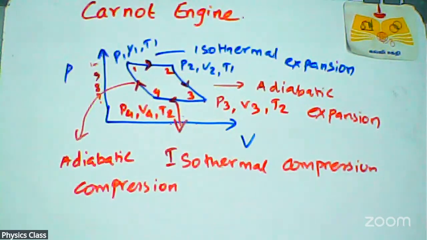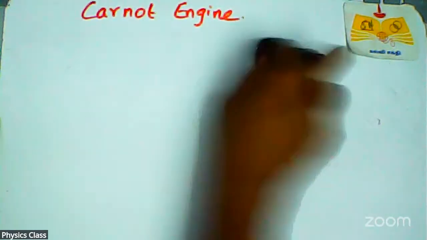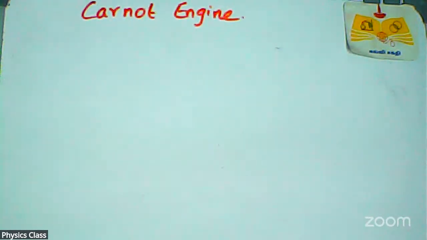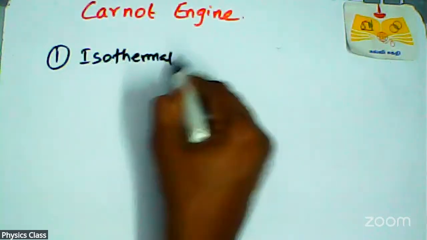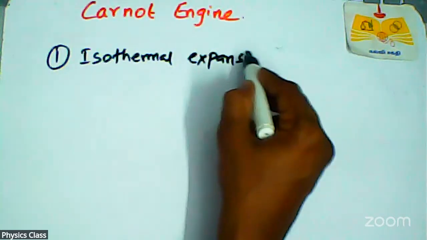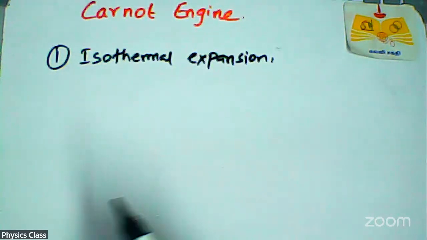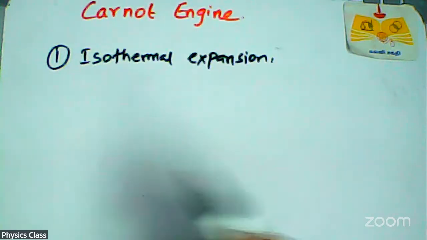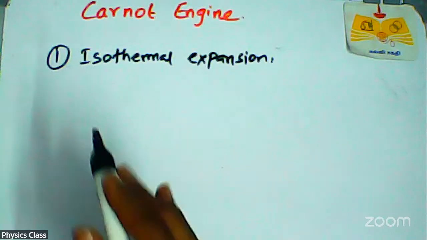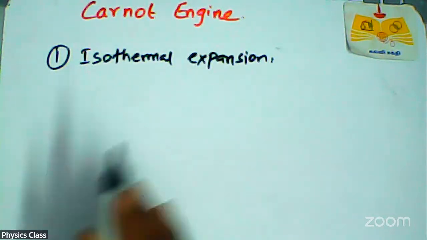For the first stage, which is isothermal expansion, the cylinder is on the source and the gas absorbs heat. Work is done by the gas in isothermal expansion.